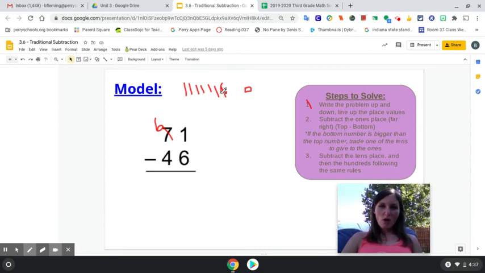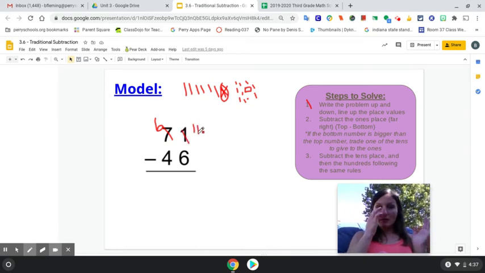So you're taking one of these longs and breaking it up. It's no longer a long. Now it's cubes. So 1, 2, 3, 4, 5, 6, 7, 8, 9, 10. So now you can take away 6 of them because now you have 10 plus the 1, which is 11.